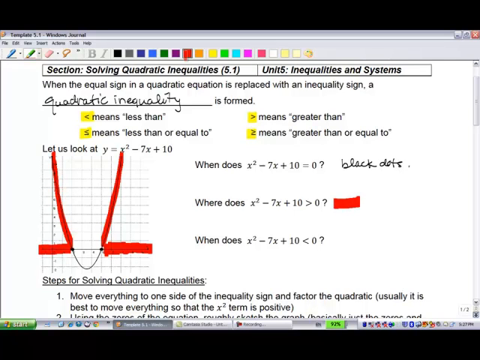So for me, that's in red. Let's try this in green now. Where is the function below 0? Where is the parabola, which x squared minus 7x plus 10 defines, below 0? Below the x-axis is the region in between.